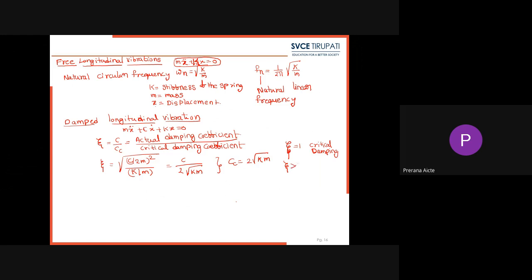If it is greater than 1, then it is overdamping. If it is less than 1, then the system is underdamped.